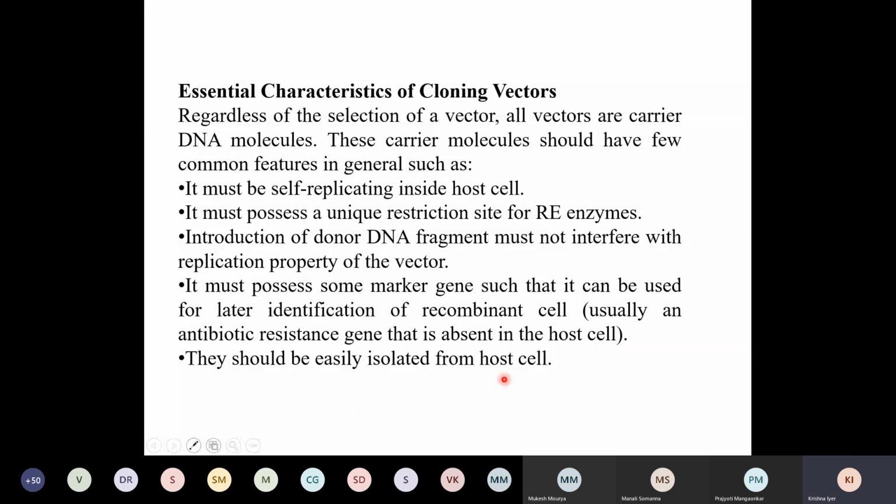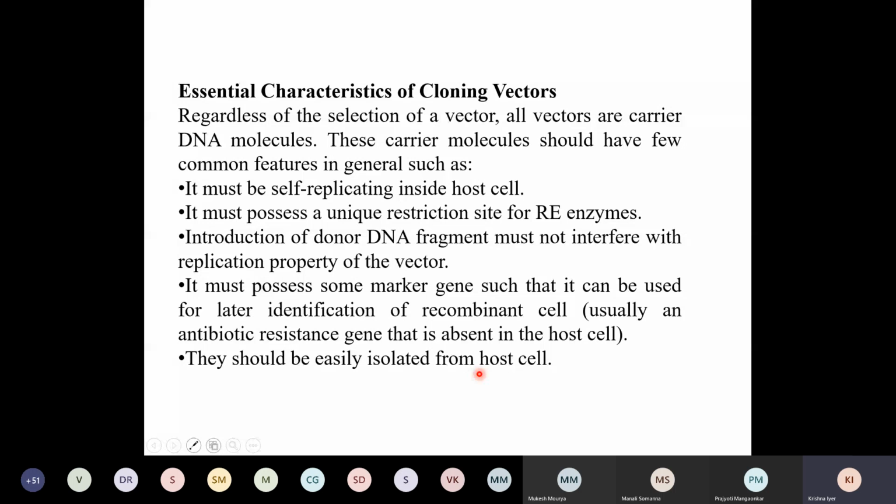And finally, it should be able to be put into as well as isolated from the host cell easily. Now there are a lot of plasmids that occur naturally. But the problem with these naturally occurring plasmids is they are there to carry out functions which are not related to our intent, that is wanting to do genetic engineering.